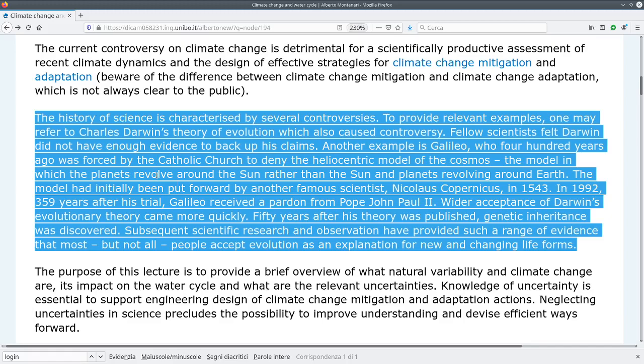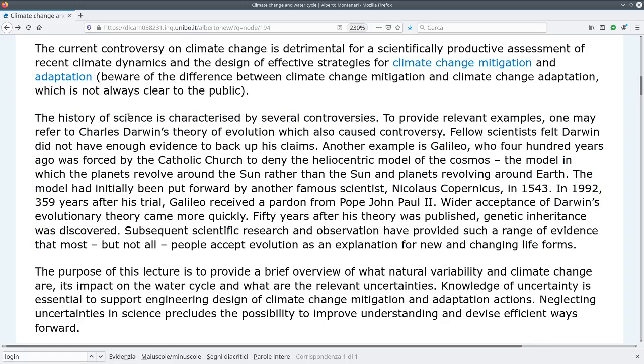I think it is extremely interesting to look at history, but be careful because the climate debate is very controversial. If you make reference to history, you may be criticized because some people may say that the current problem is unprecedented because it's global. So if you mention Galileo, another very nice example of a historical controversy, you may get criticized.